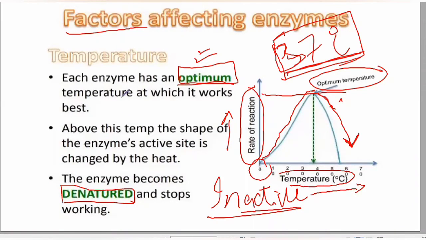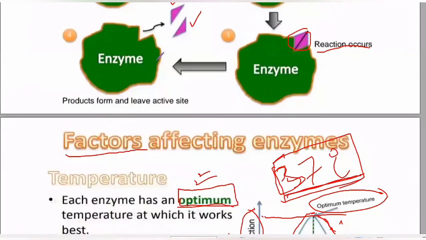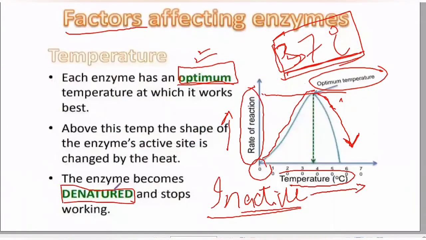It is denatured, and this active site which we have studied is no longer available. It might change into any other shape in which the substrate will not be able to fit. So that's why the enzyme is said to be denatured, and our reaction rate also goes down. The reason is that enzymes are not available for the substrate to attach. That's why products will not be formed.